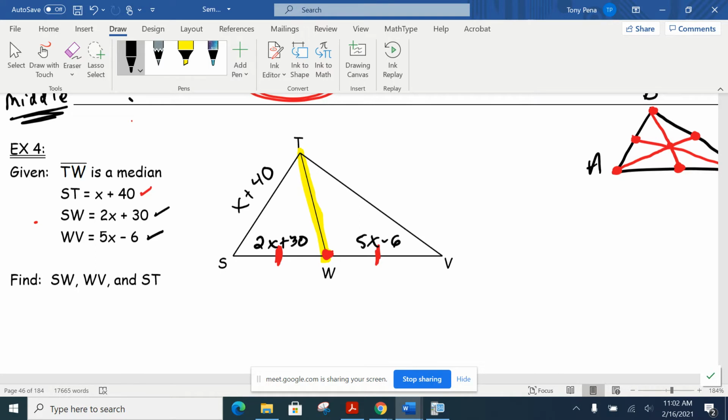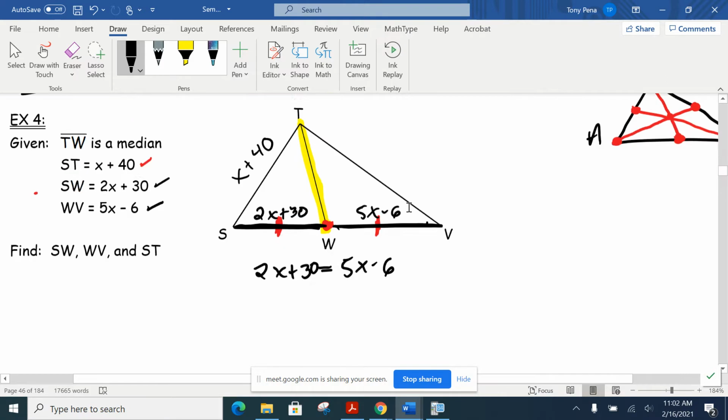The reason we mark these with tick marks will allow us to get this started. By putting the tick marks here, aren't we saying that this length right here and this length right here are congruent to each other? Well, we know what both of those are. So we're going to take that 2x plus 30 and set it equal to the 5x minus 6. They have to be congruent to each other. That's where we now get our equation.